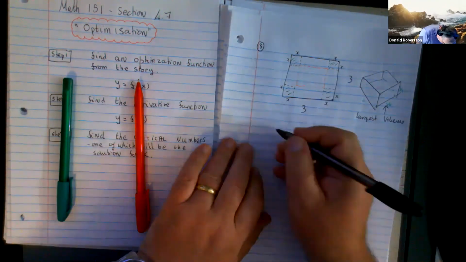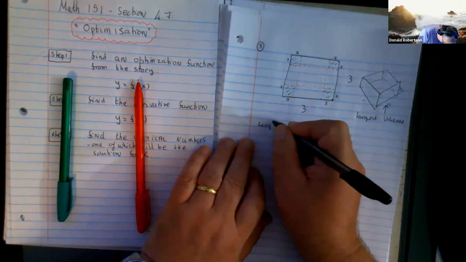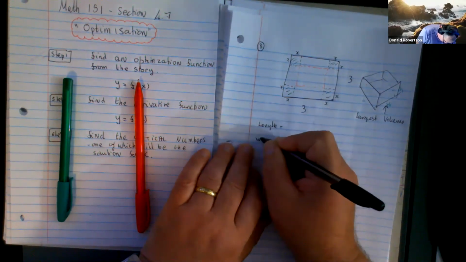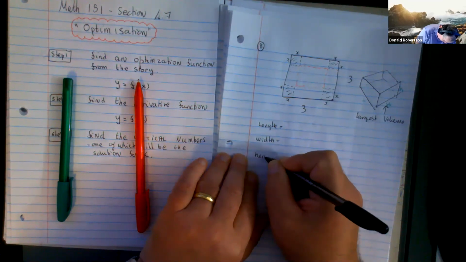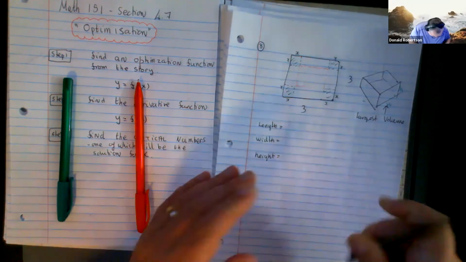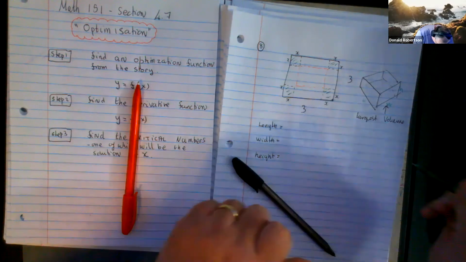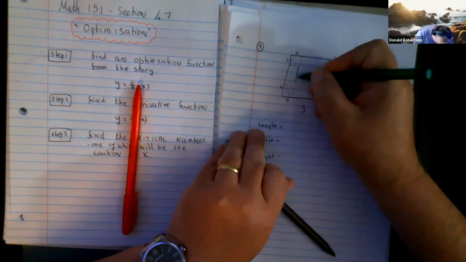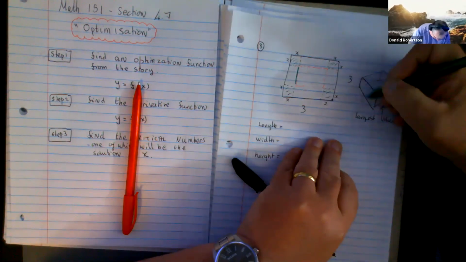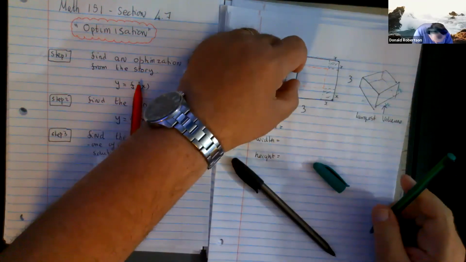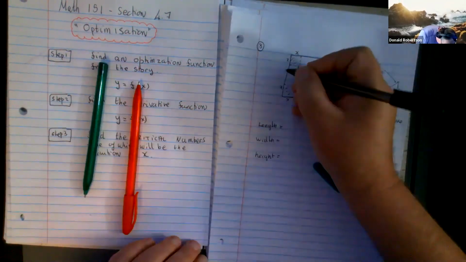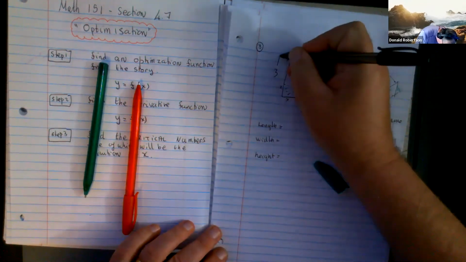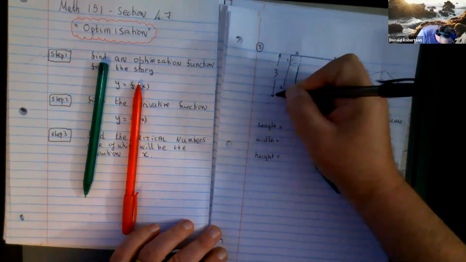Let's see what I know about this box. Length, width. This distance here, I'm going to call that the length. What is this distance here in terms of x? Well, I know that from there to there is 3.